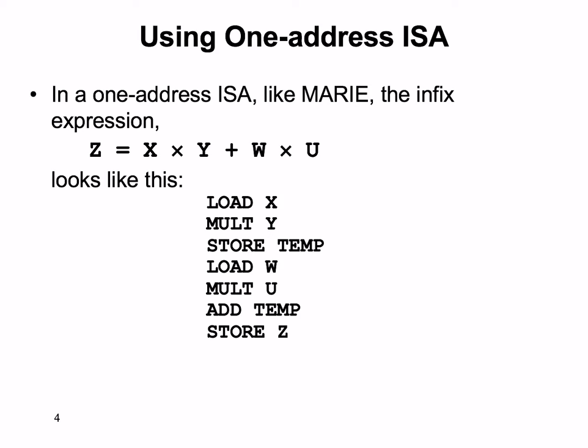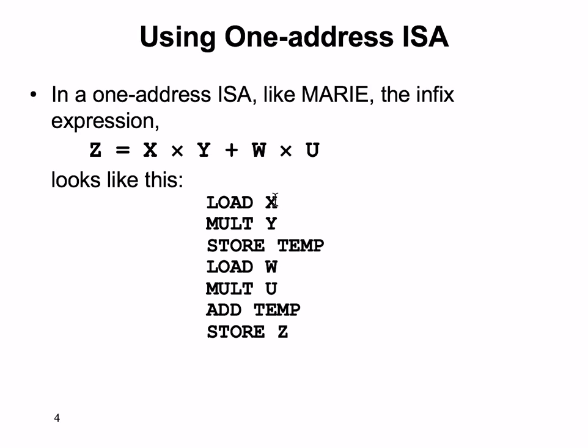Now, if we're using a one address ISA, basically the one address ISA is the Neumann architecture as we discussed before. The infix expression z equal x times y plus w times u is represented as follows. First of all, we load x.